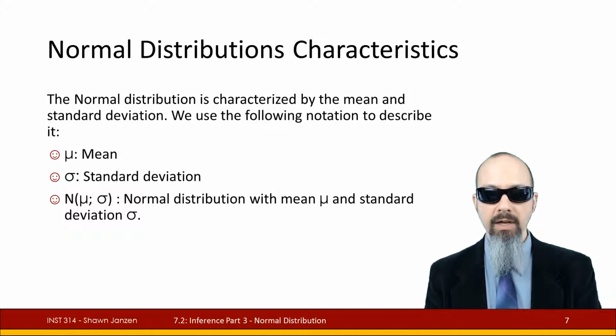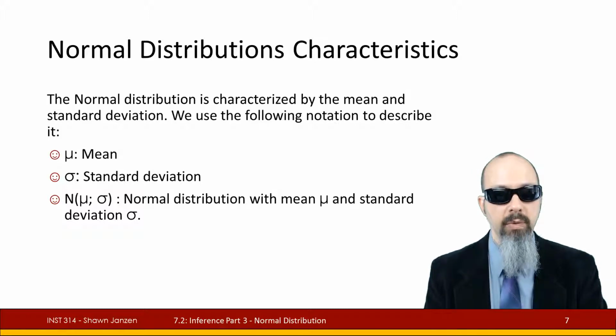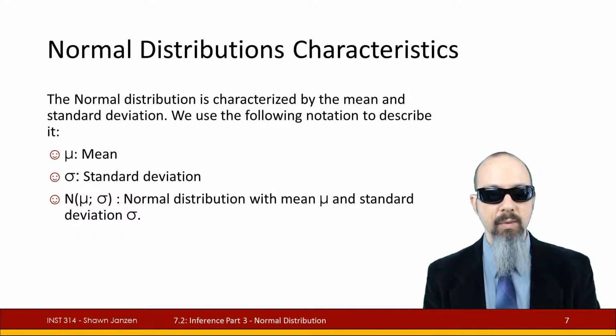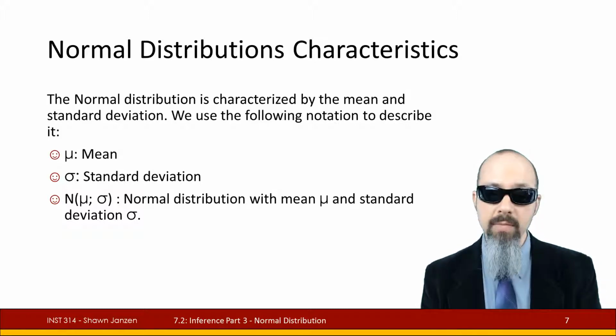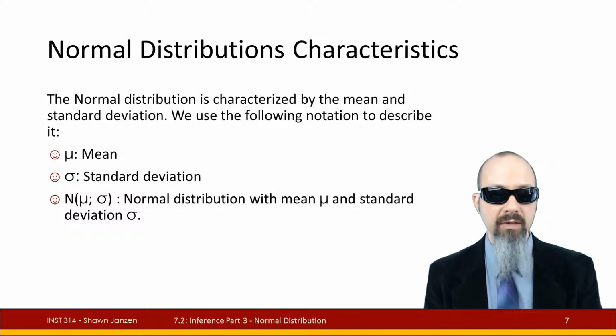And if we're talking about the normal distribution with a mean of mu and a standard deviation of sigma, we characterize that by a capital N, open parentheses, mu, semicolon, sigma. We can also replace those with particular numbers to say that we have a normal distribution with whichever mean value we have, and then whichever standard deviation value we have.